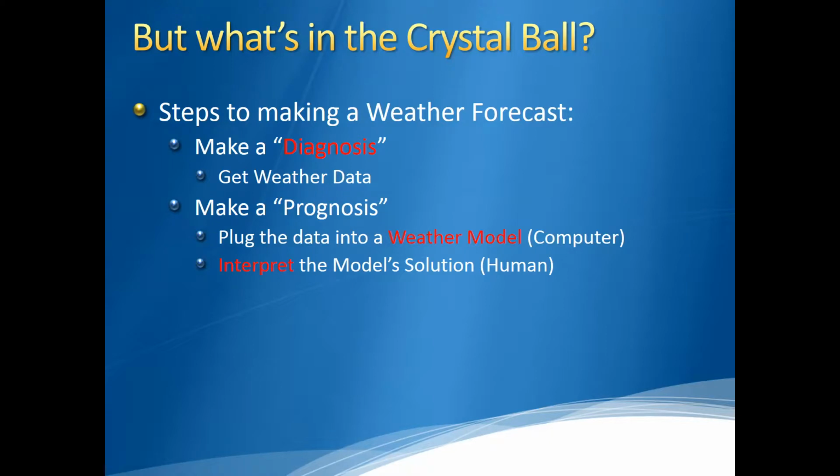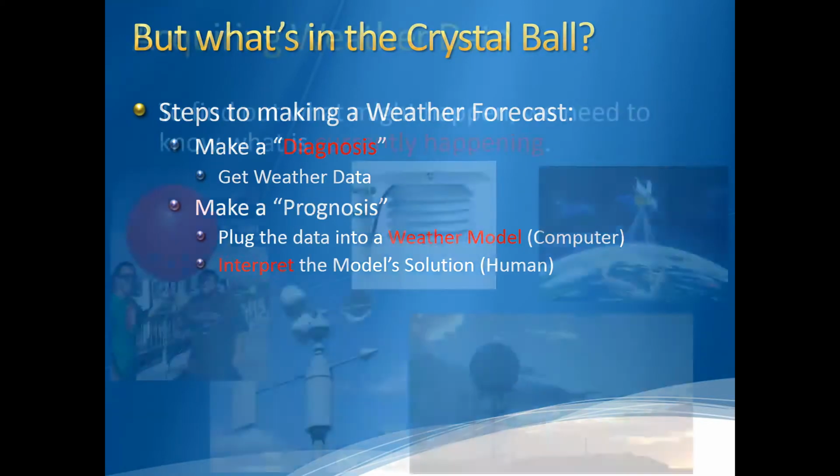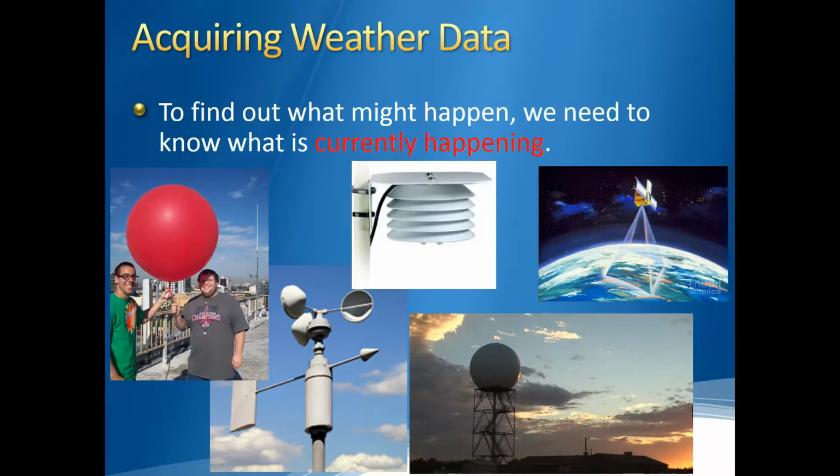It's gone through the process of diagnosing current conditions, taking those current conditions, plugging them into a model, and then evaluating the output of that model. So really, before we can even make an accurate weather forecast, we have to accurately collect data. And this is one of the reasons why all of the different data collection standards and techniques I've talked about in this class are important.